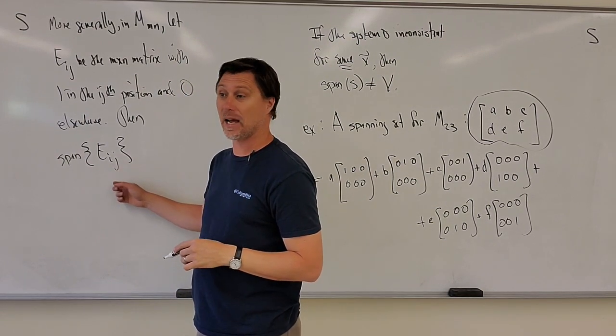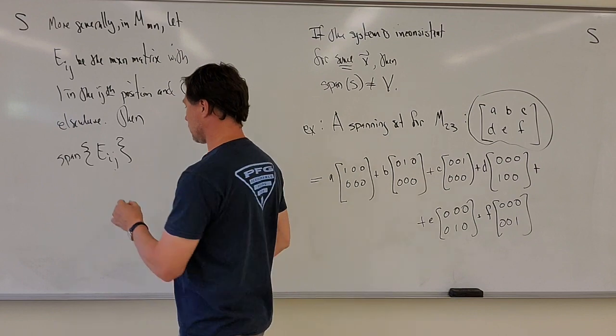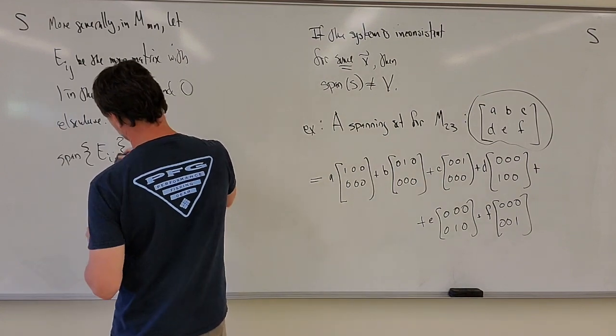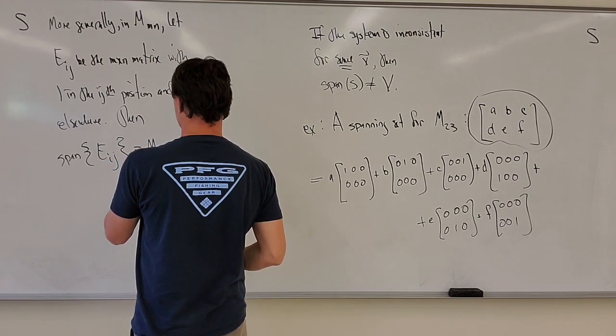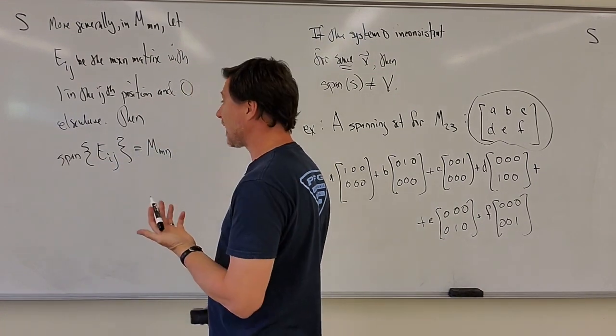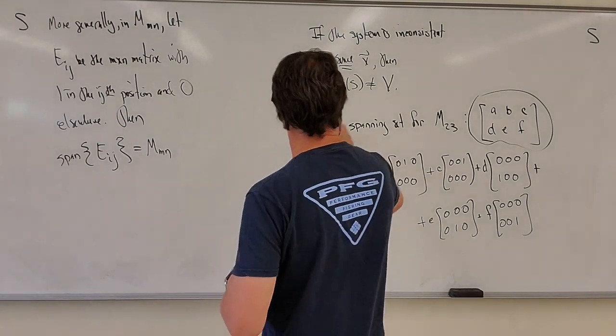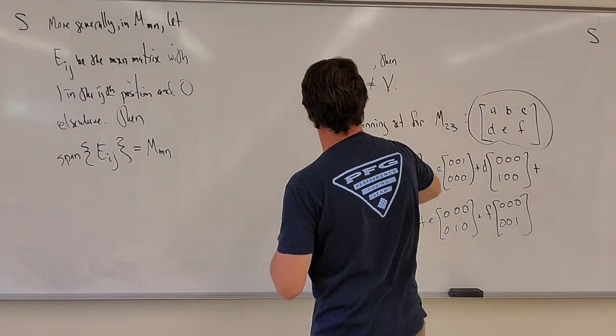So there's going to be M times N such matrices, right? That's equal to M sub MN. Okay, so there's one example of a spanning set for M sub MN.